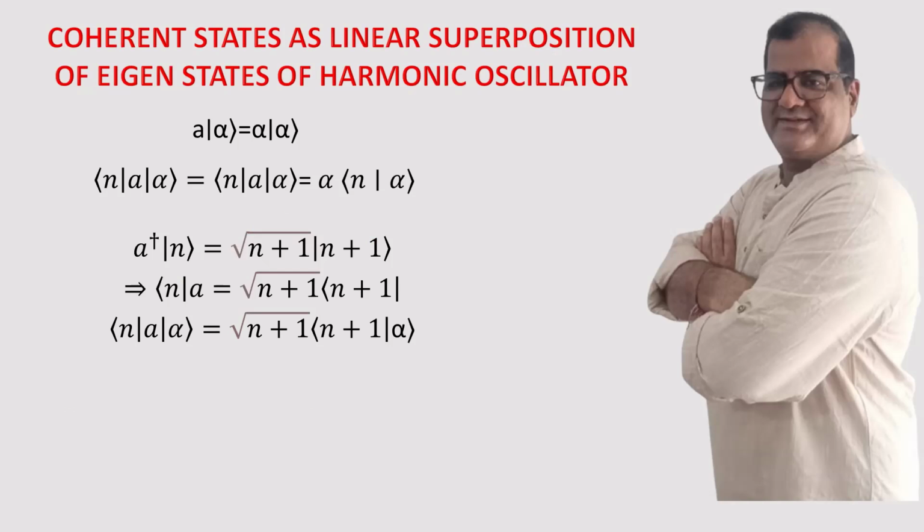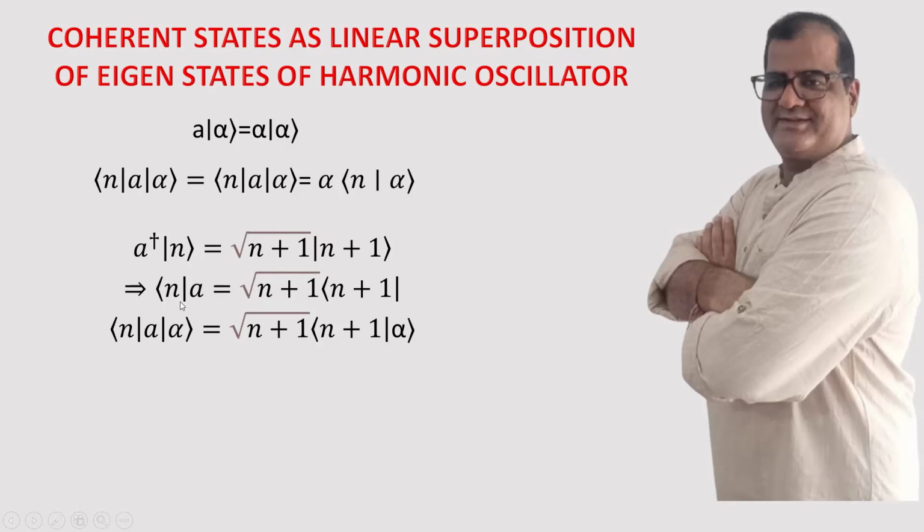Now let us operate a dagger on n. When I operate a dagger on n, this gives me root n plus 1, and the state is raised by 1 unit, n plus 1. And now if I take the adjoint, or complex conjugate, of this equation, a dagger becomes a, and the ket becomes a bra. Similarly here the ket also becomes a bra. So this becomes <n|a.